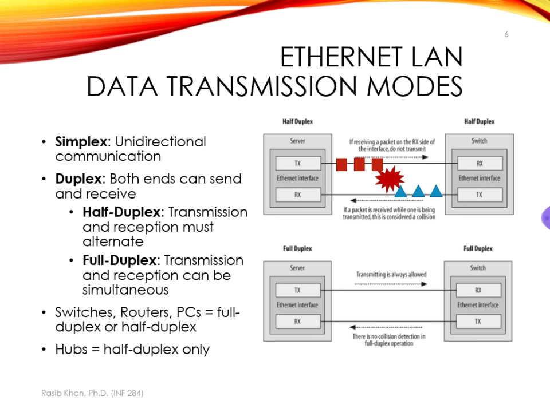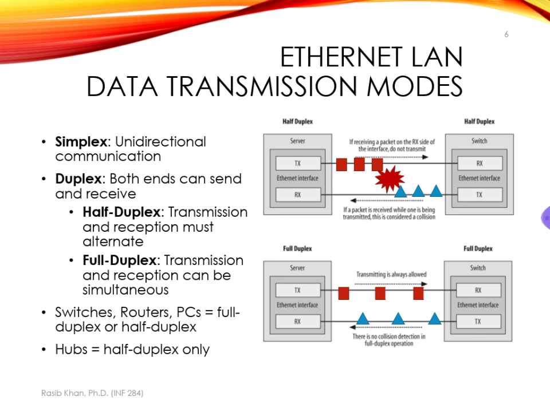On the other hand, for full duplex connections, the transmission can occur in both directions at the same time. So the transfer port on the server can keep on sending to the receiving port on the switch, and the transfer port on the switch can be sending onto the receiving port on the server.